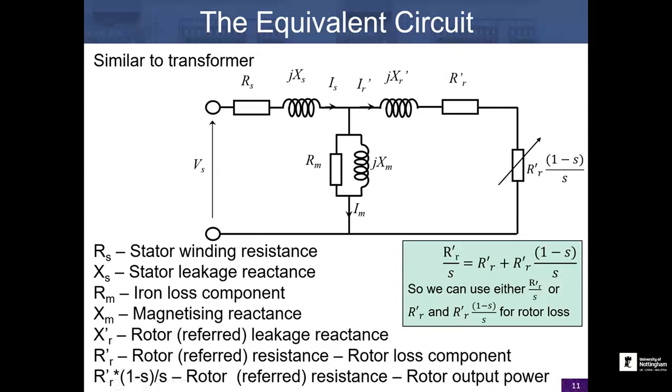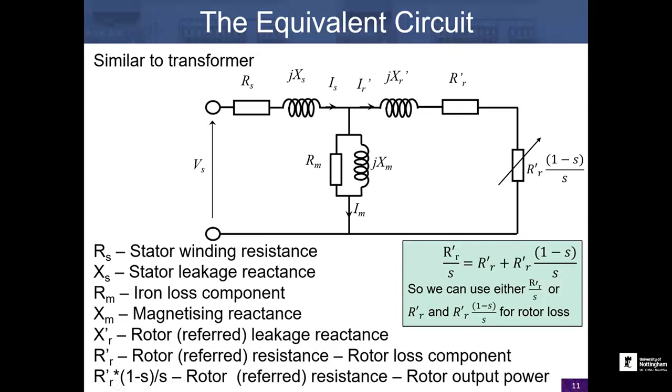So as we talked about, there's two ways to represent these. In this full form, we represent these as two resistances. A pure rotor resistance, which gives us a loss, and rotor resistance times (1 minus slip) over slip, which represents our output power. We sometimes also sum these both together into one global component, RR divided by S, which represents the total power into the rotor.